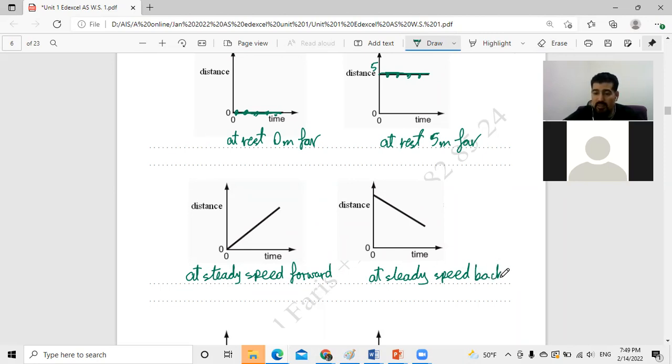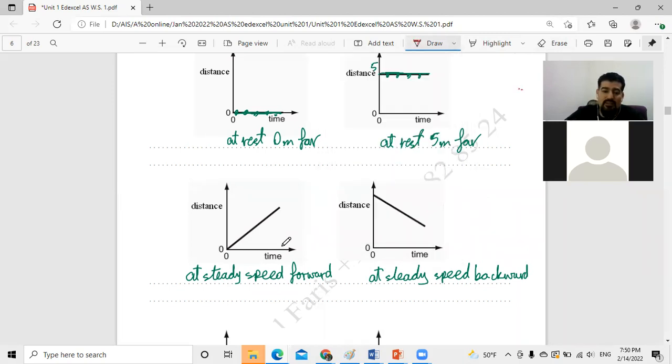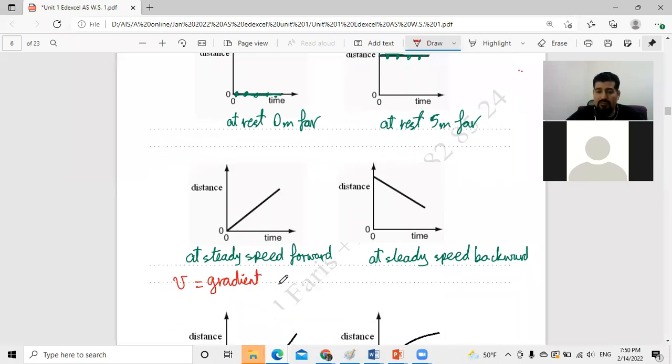Backward, at constant speed backward, because it's approaching us, the distance is getting closer. And who can remind me how we can find the speed in both graphs? By finding what? Exactly, by finding the gradients. So the speed in both cases, I can find by finding the gradients, okay?